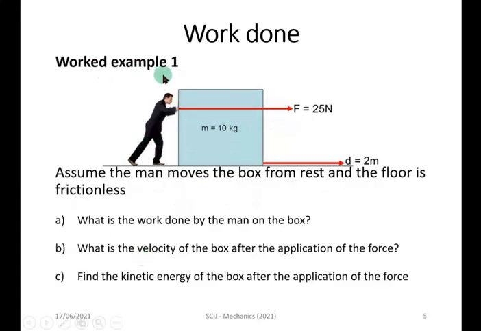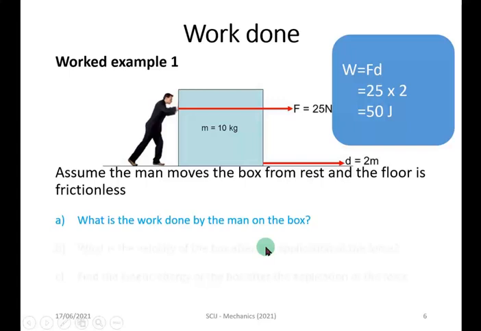We have a work example 1. Assume the man moves the box from rest, and the floor is frictionless. Thus, there's no resistive force. He is applying a resultant force of 25 Newton. Let's start. So the first one is straightforward. If you want to find the work done, we just multiply the force by the distance.